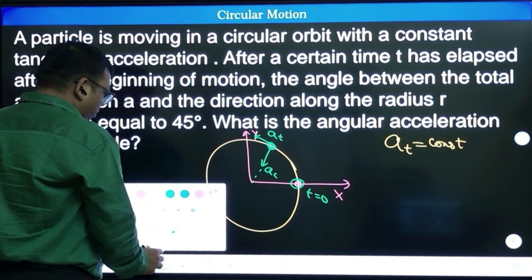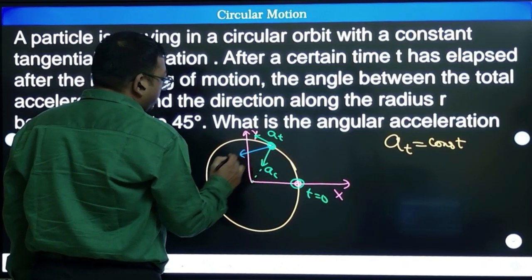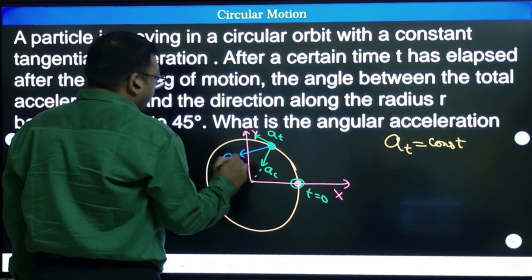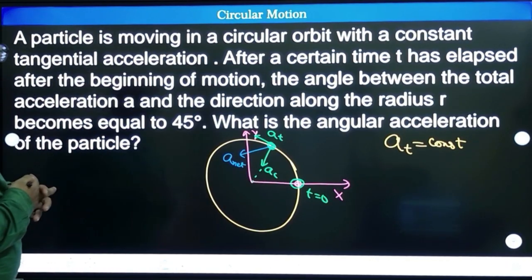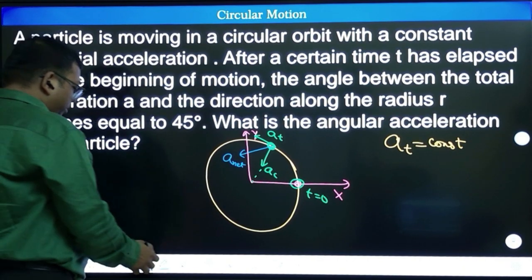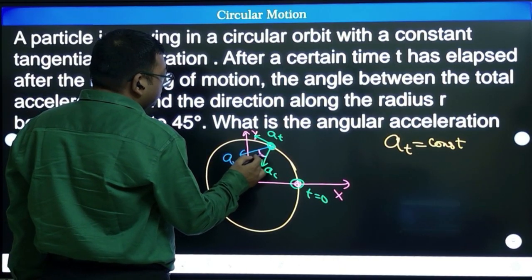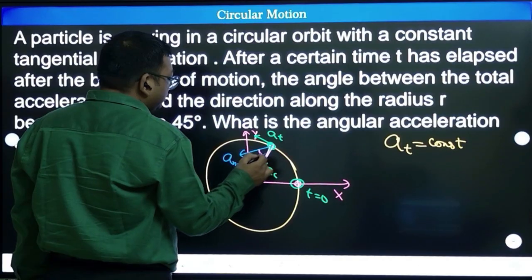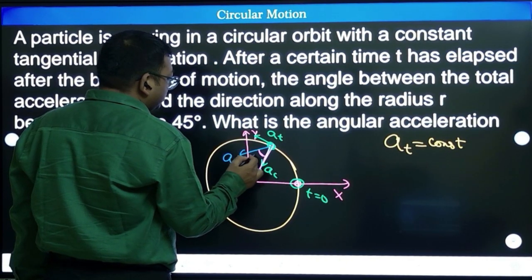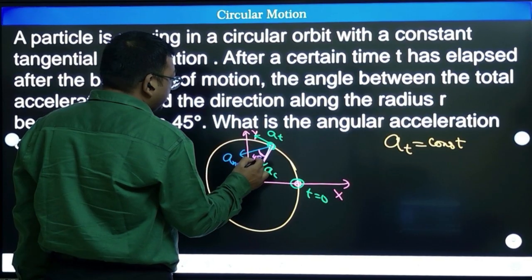So there will always be a net acceleration. This is the net acceleration, and what they are saying is the angle between net acceleration and radius becomes 45 degrees. I think they are talking of this angle, because this is the radius and this is the acceleration, so this angle is 45.